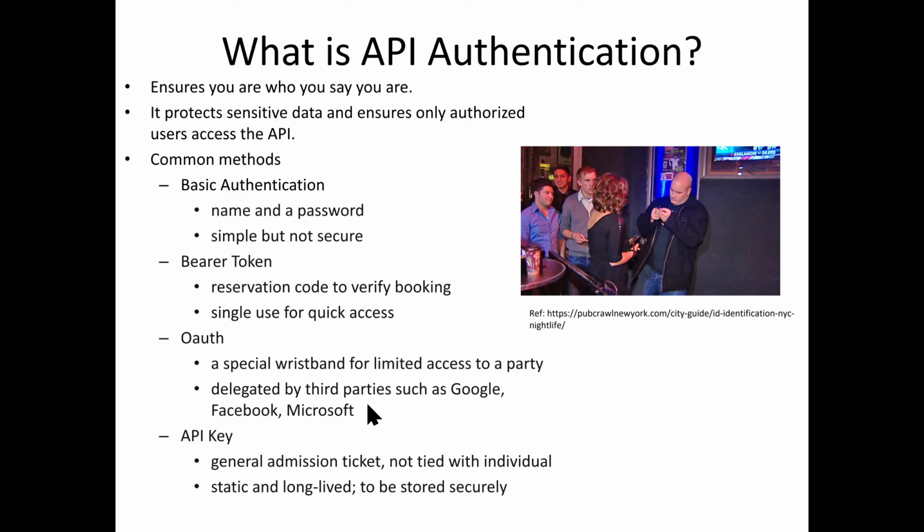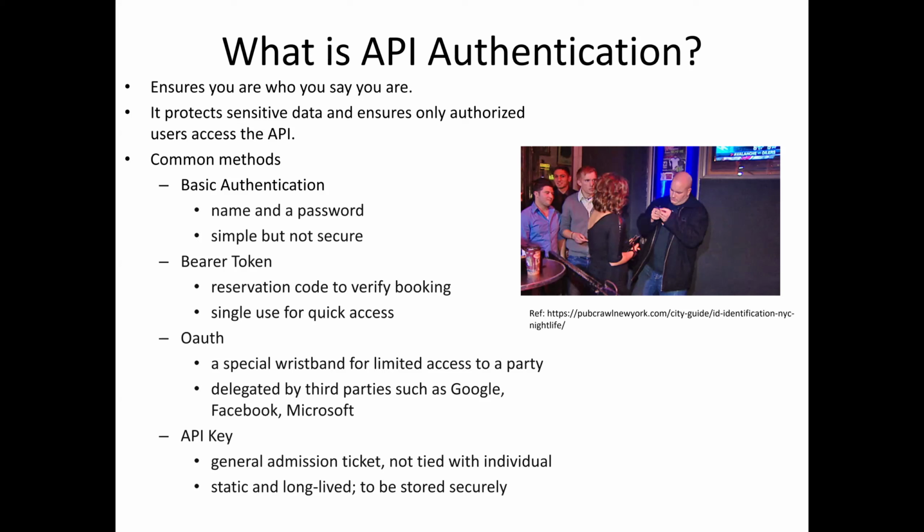So the last, but also maybe the most common, authentication method is the API key. An API key is sort of a general admission ticket for multiple entries and is not tied to an individual, compared with basic authentication. So an API key really is a long static string.